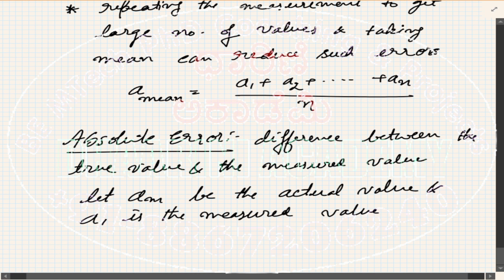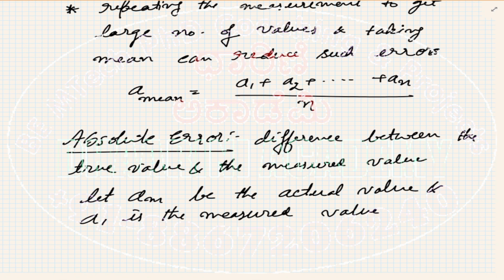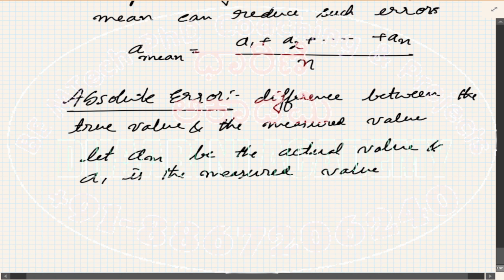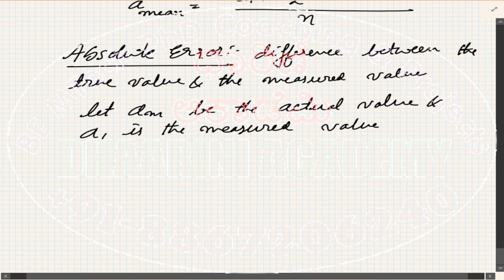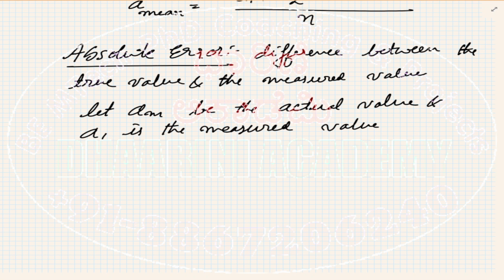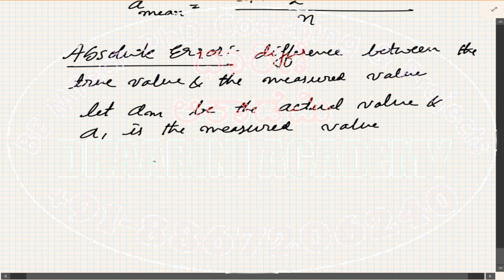Actual value is 20 centimeters, I measured 21 centimeters, so a1 is that. Now how do you measure the absolute value? It is a magnitude, so I can write it as delta a1. Delta a1 represents the small change in a1, which is nothing but the difference. I should take the difference of the actual value, that is am, minus a1.